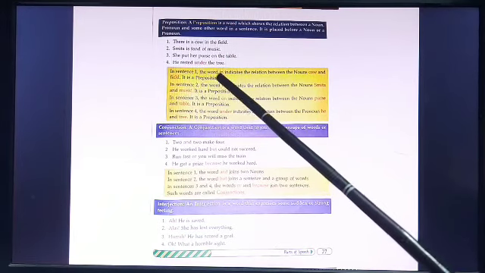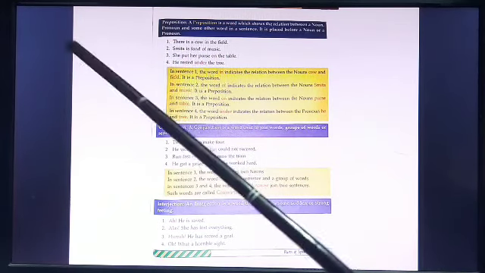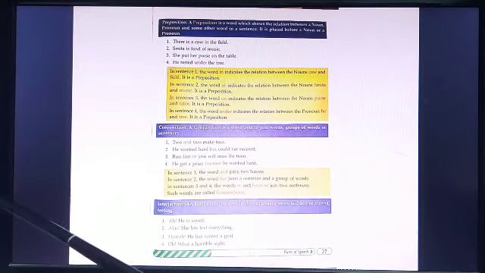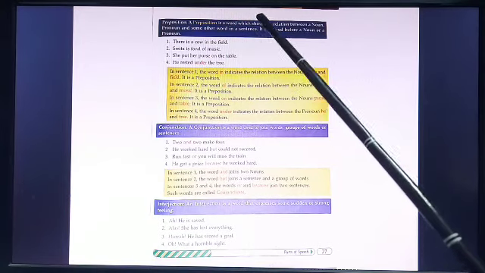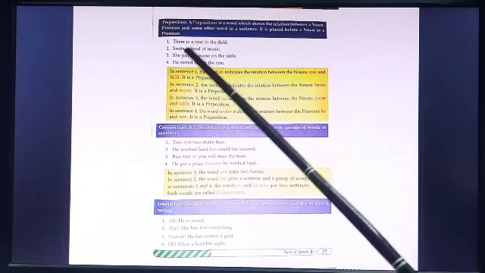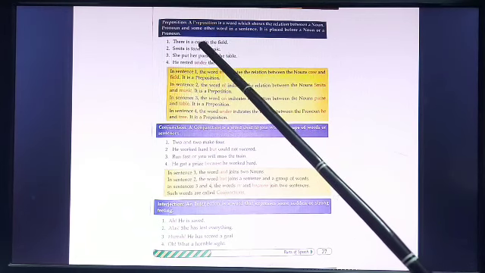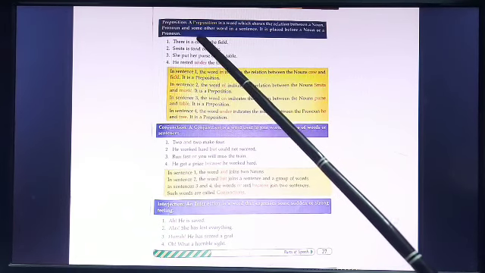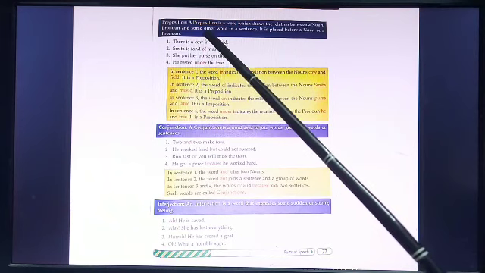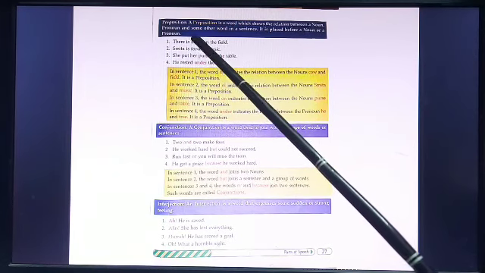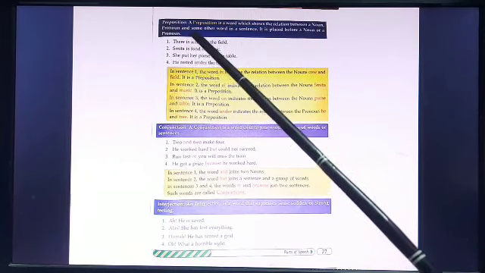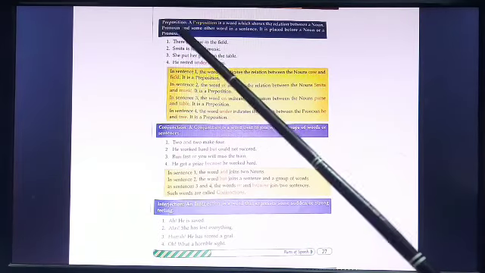So it's the preposition. So we learned that a preposition is a word which shows the relation between nouns or pronouns and some other words, some other parts of speech.